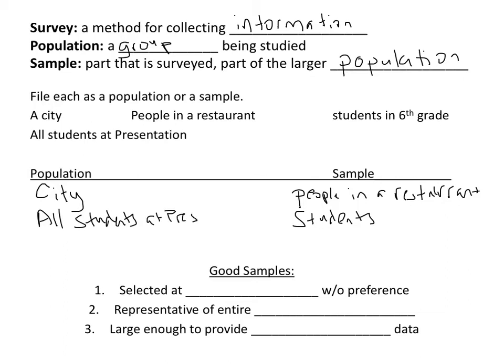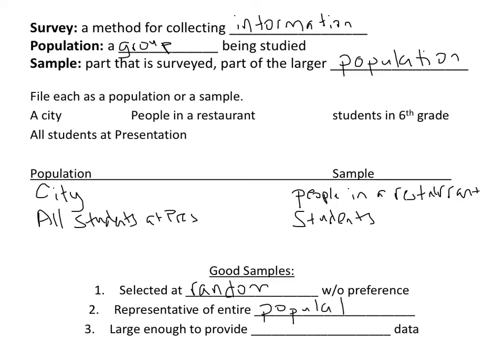The thing about samples and surveys is that we have to be careful about how we're collecting the information. There are some things you should keep in mind when you are taking samples. Good samples are selected at random without preference, meaning nobody has a better chance of getting selected than anybody else. They should be representative of the entire population.